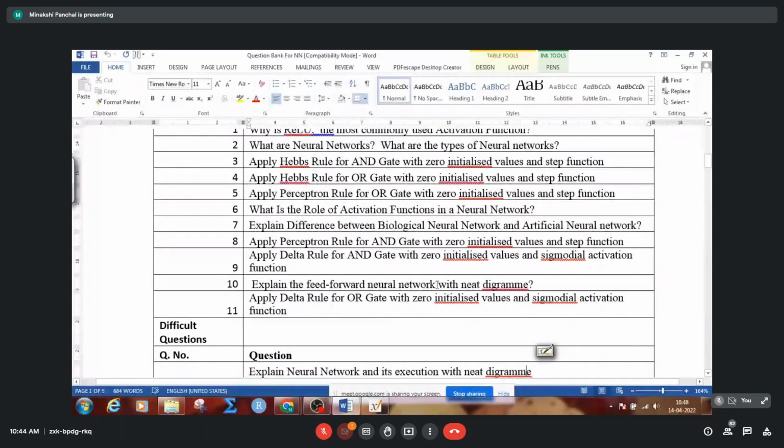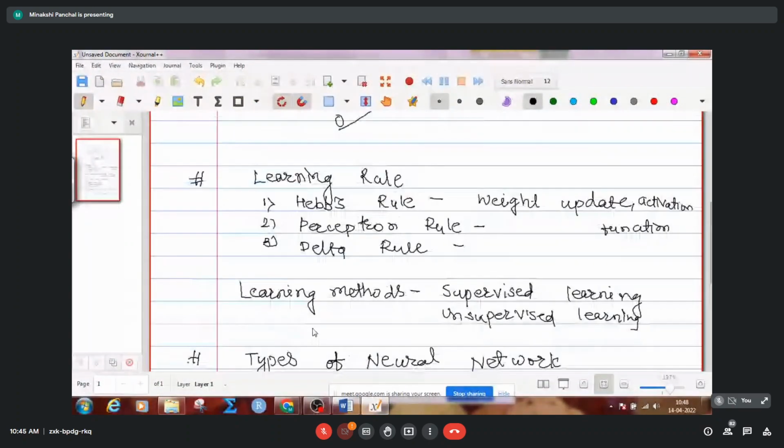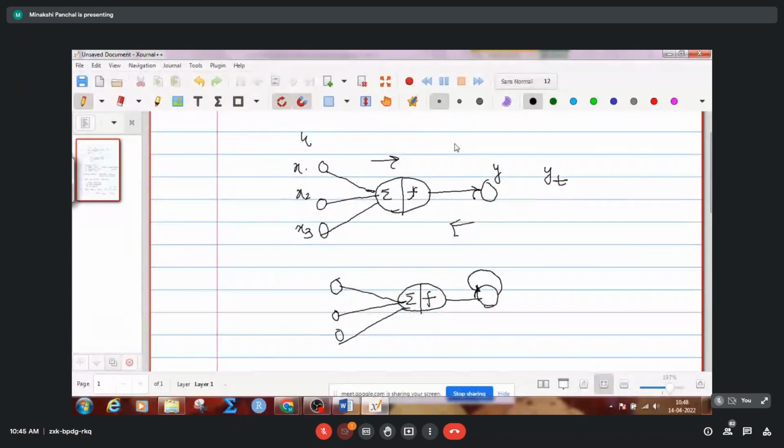Explain the feed forward neural network with the diagram. This is a moderate question. I have drawn the figure here for feed forward, and you should completely explain the process. In step 1, we calculate the summation function, which equals x1 w1 plus x2 w2 plus x3 w3.